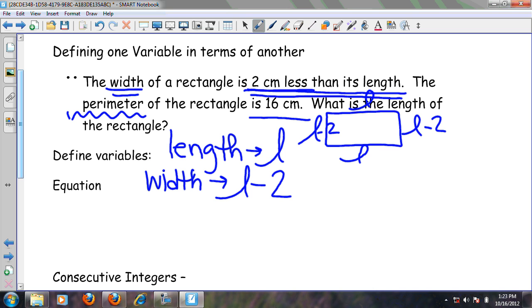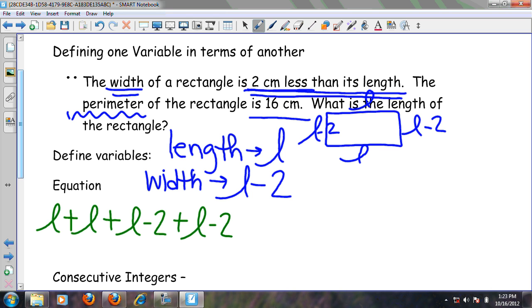Could you find the perimeter? What would my equation look like? What do you think, Cole? It's going to be L plus L plus L minus 2 plus L minus 2. And that's going to equal the perimeter, which was 16. Let's look for like terms.